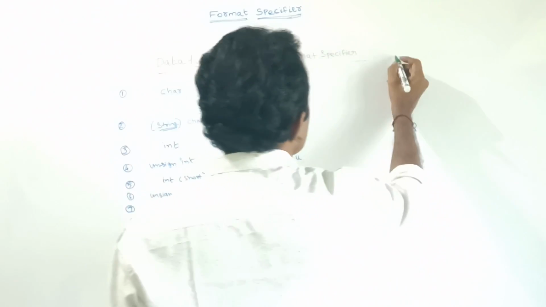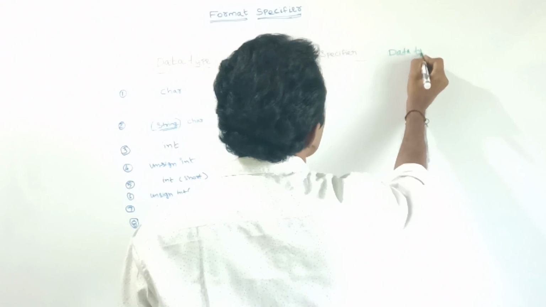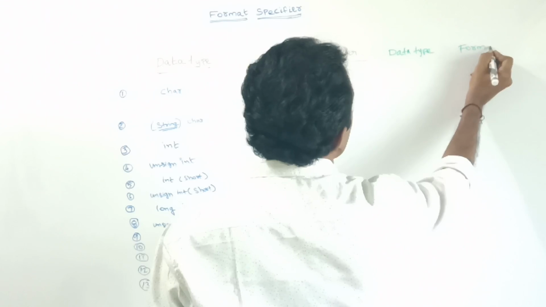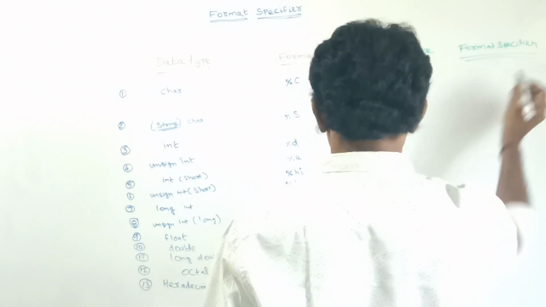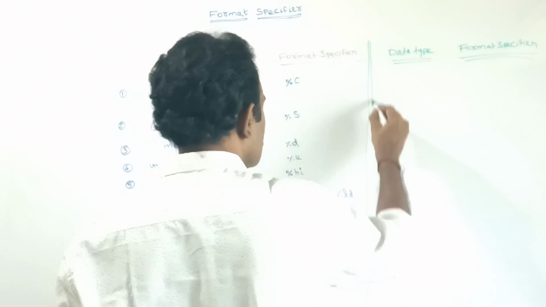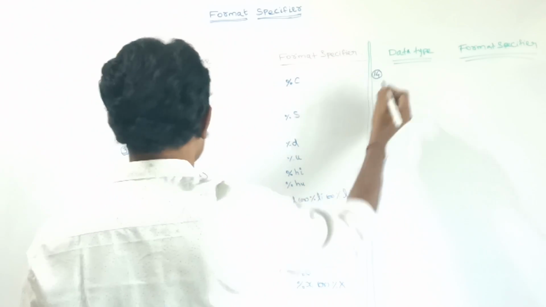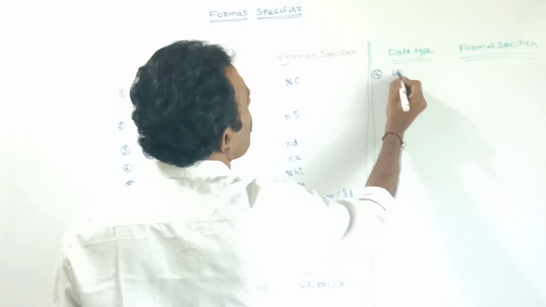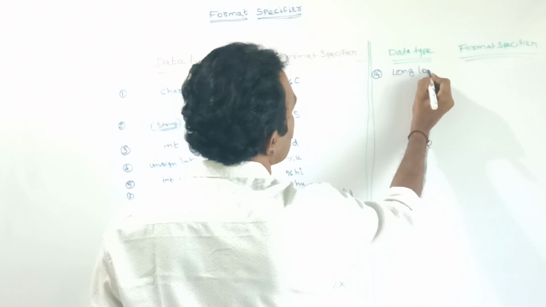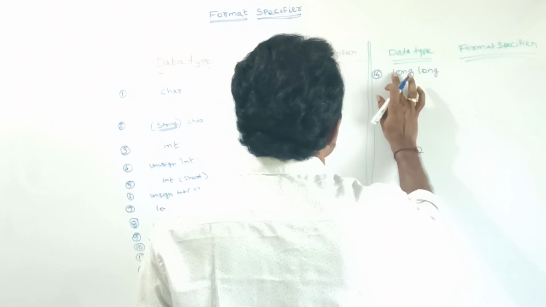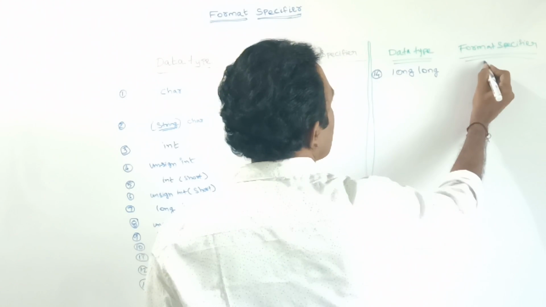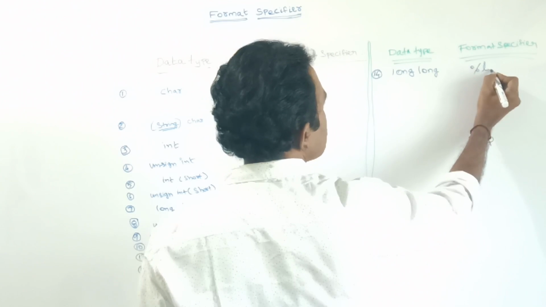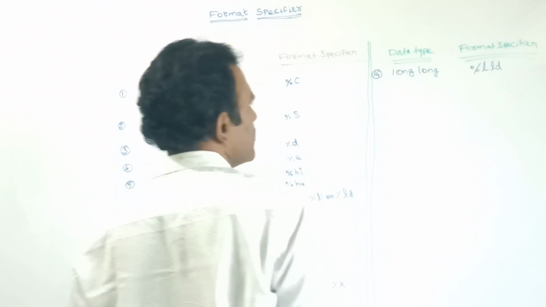Next, the 14th one, the data type long long. For a long long integer we can use the format specifier %lld.